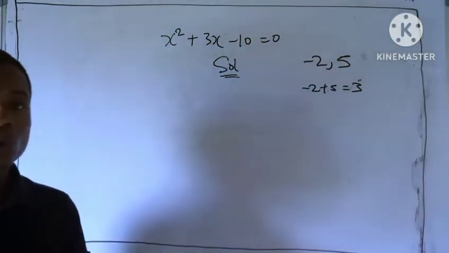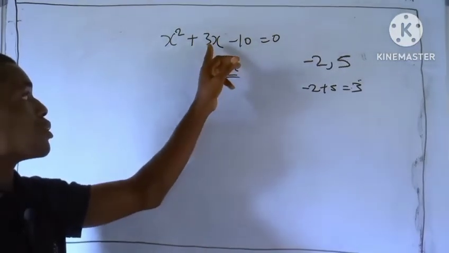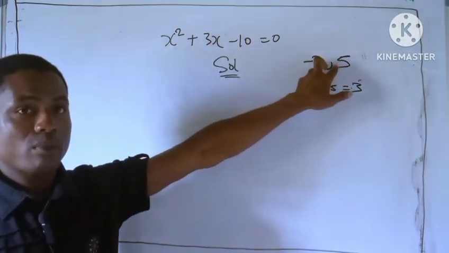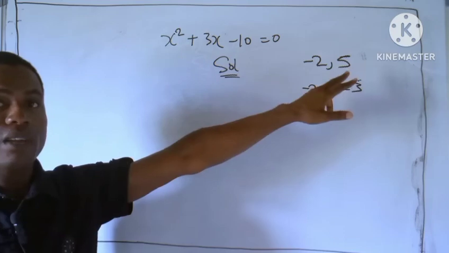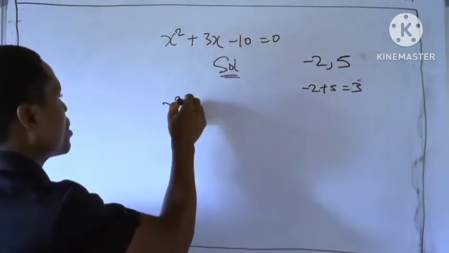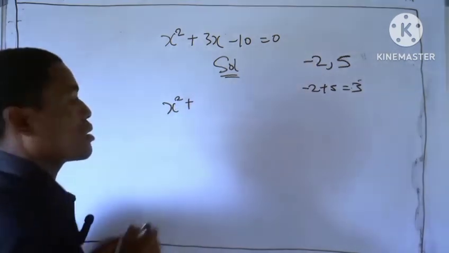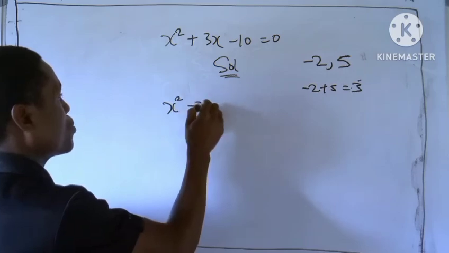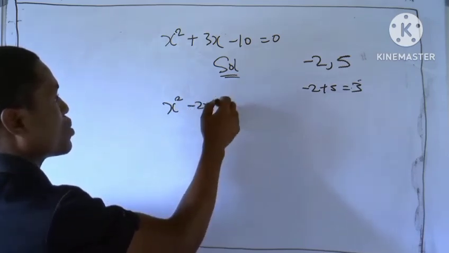So what you need to do now is, in place of plus 3x, you will input these two numbers, minus 2 and 5, okay? So we now have x squared plus, the first one is minus 2, we write minus 2x. The second one is what?